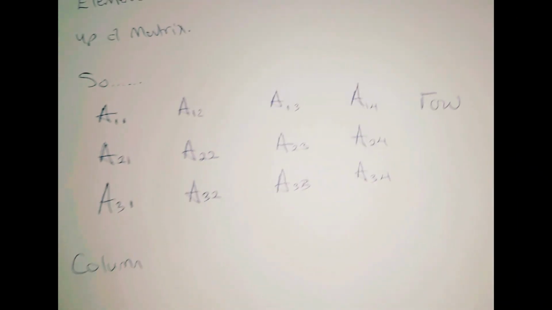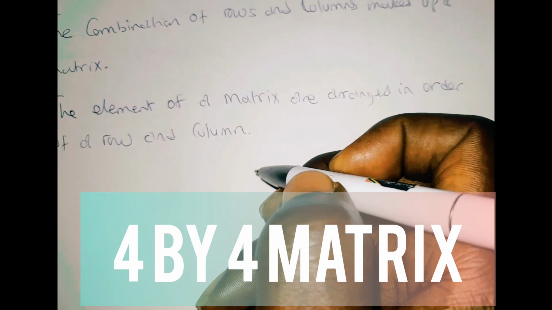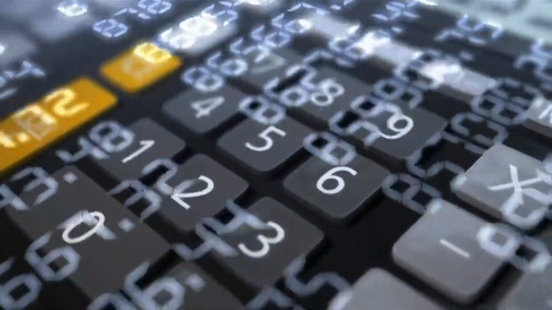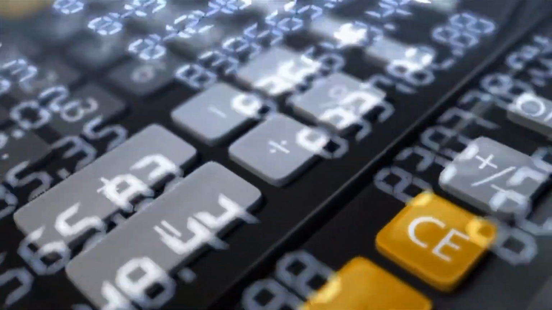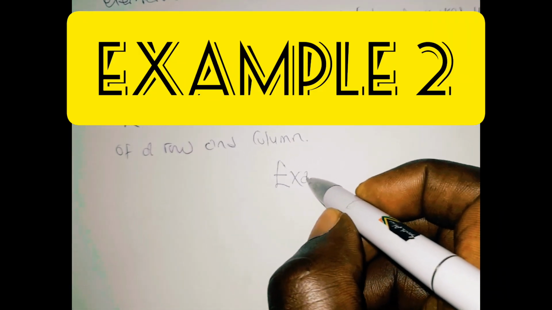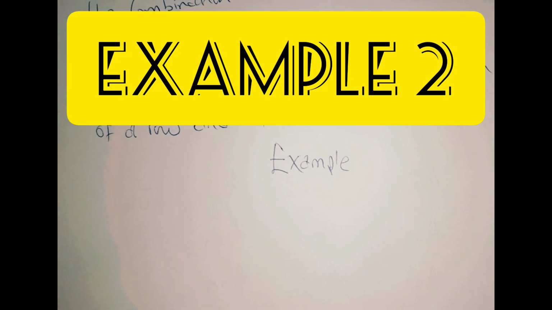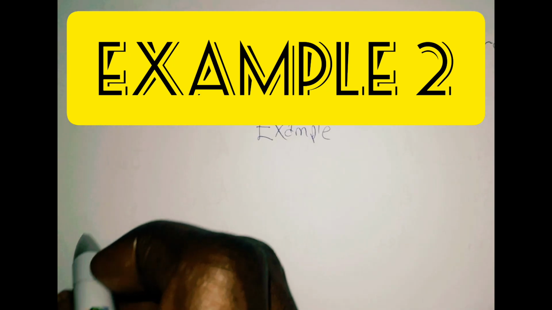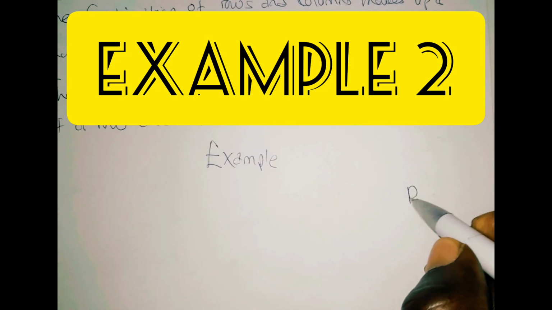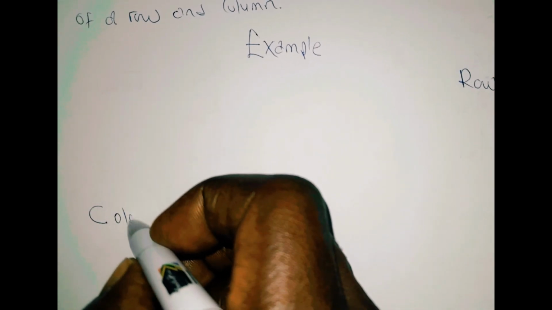So, as you can see, this is an example. We have rows and we have columns.